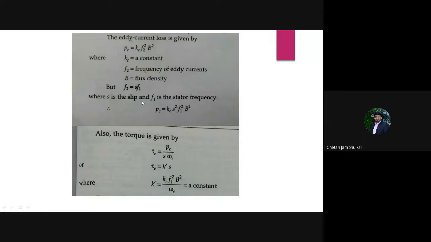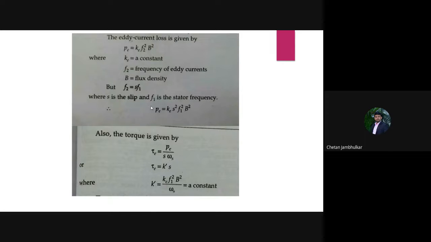So these are some equations of eddy current losses. The eddy current loss is given by PE = KE F2 square into B square, where K is a constant, F2 is the frequency of the eddy current and B is the flux density.